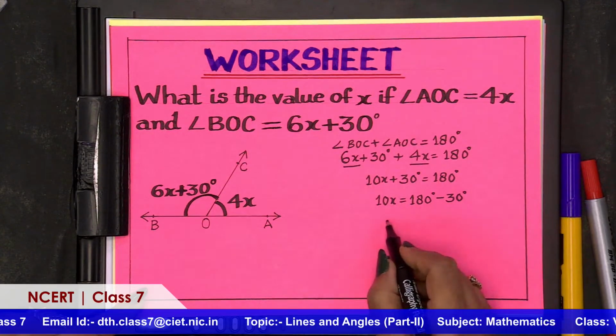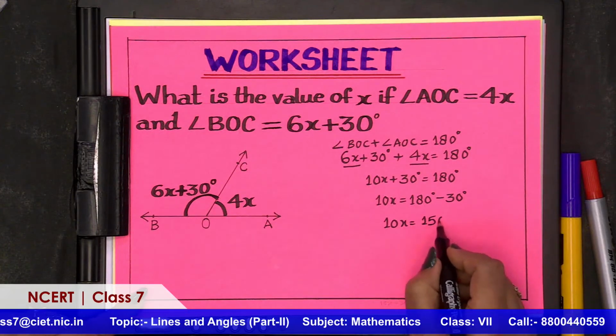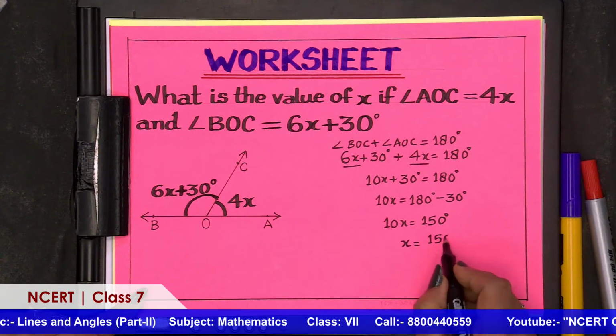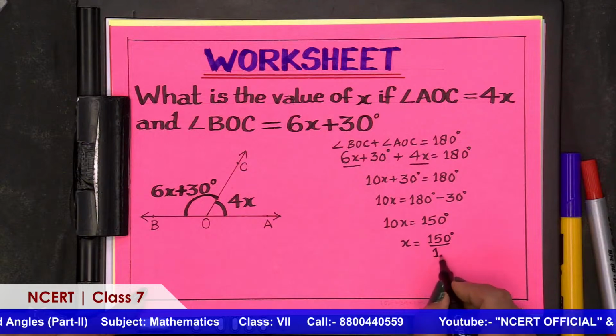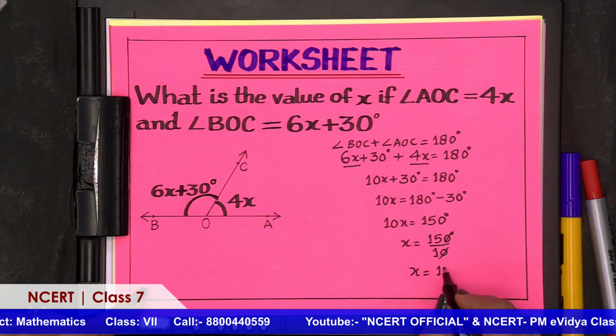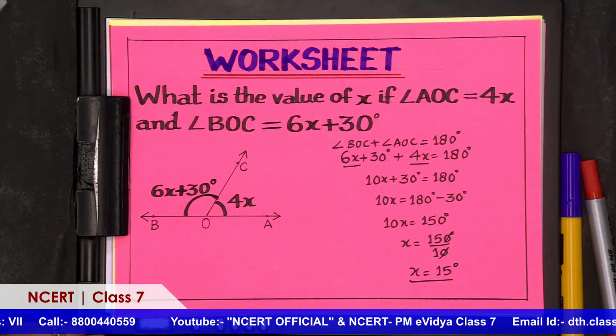So, we have 10x is equal to 150 degrees, and if I divide this by 10, the answer will be 15 degrees. Children, this way we will be solving the questions based on adjacent angles.